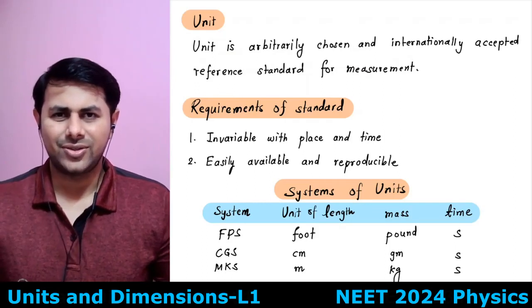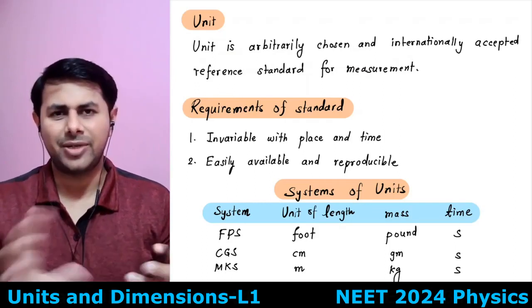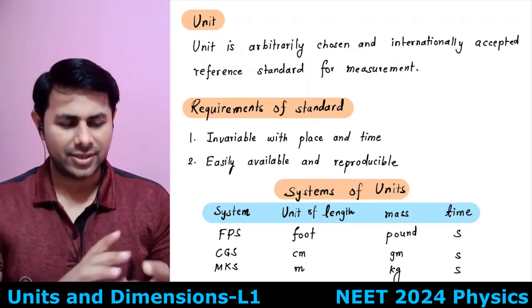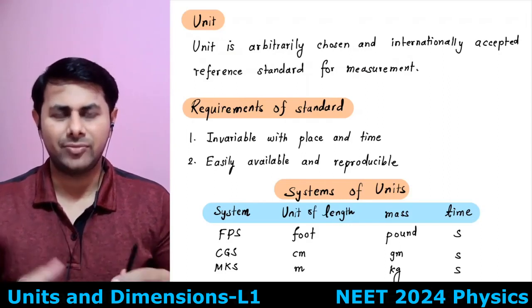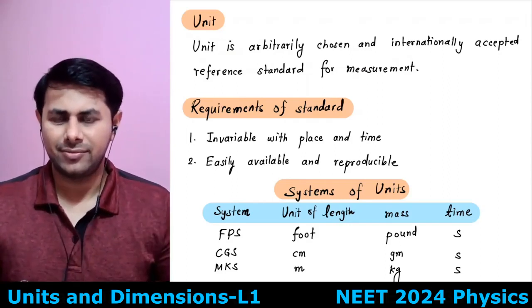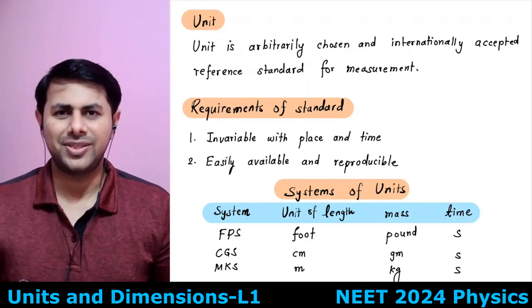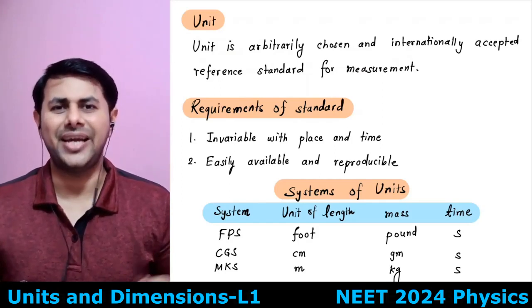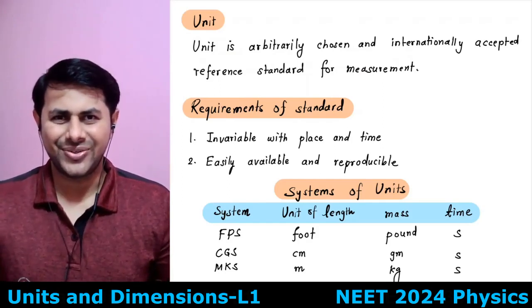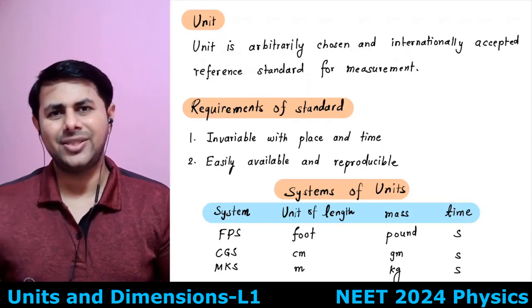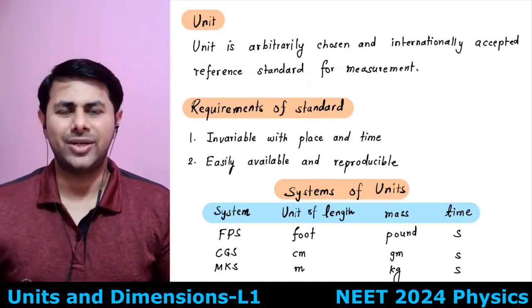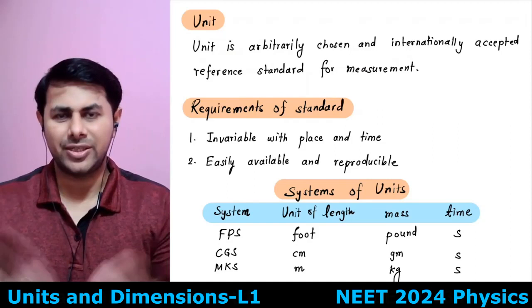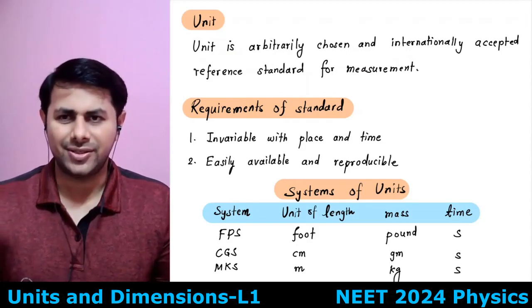Then the length of this pen becomes the unit. That's a standard I'm using for measuring my height. But this is not an internationally accepted standard. Internationally accepted standards are the units which are recognized internationally.